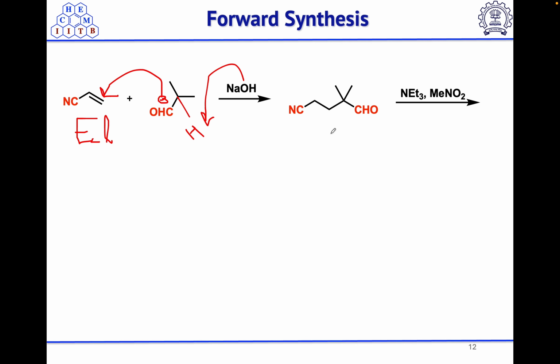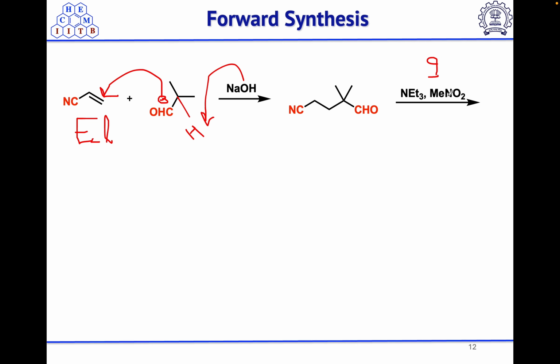The base will abstract a proton. Where is the acidic proton? Just see. An acidic proton alpha to the aldehyde is not there. Alpha to cyano is not that acidic, but in nitromethane, the pKa is around 9. So this is more acidic compared to the other protons.